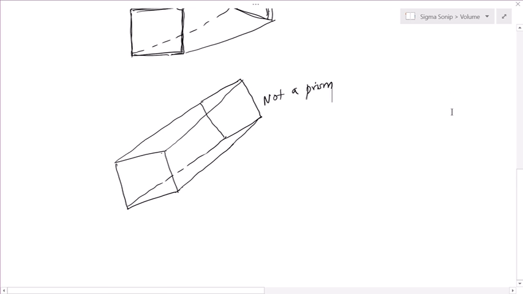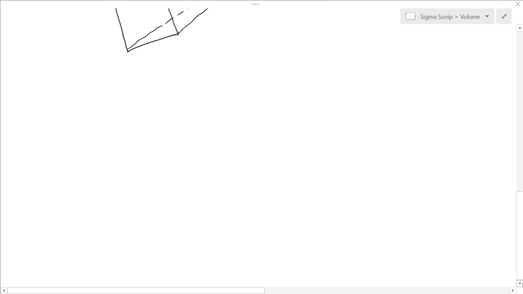Okay, and the prisms that we would be concerned with are known as right prisms. I'll draw this in a different orientation.